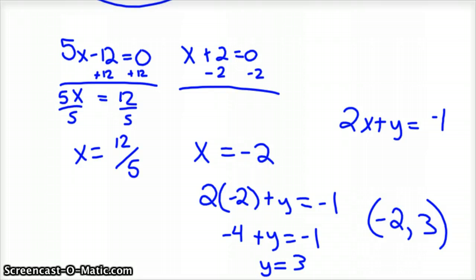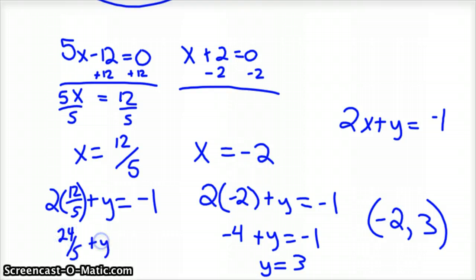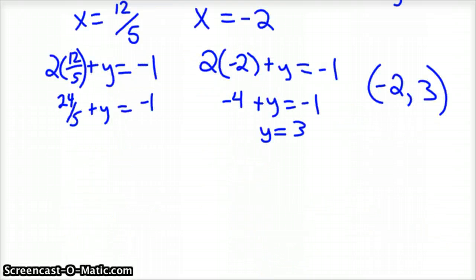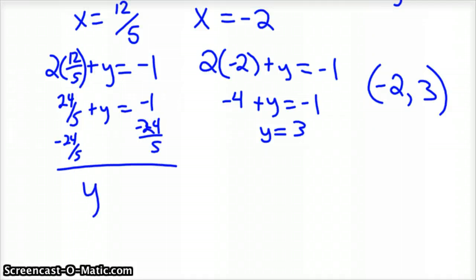The next step is to plug in the 12/5. So 2 times 12/5 plus y equals -1. And so you'd have 24/5 plus y equals -1. Subtract the 24/5. And so -1 minus 24/5.